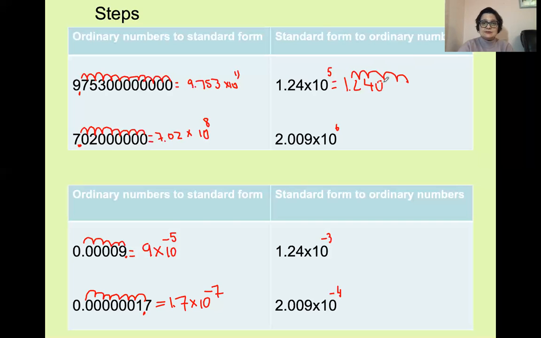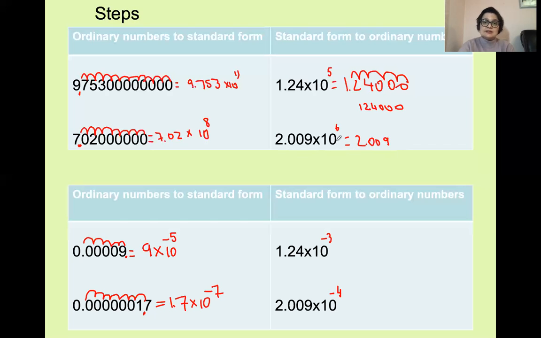Now replace those with zeros. And remove the decimal point, the new number is going to look like this, 124,000.